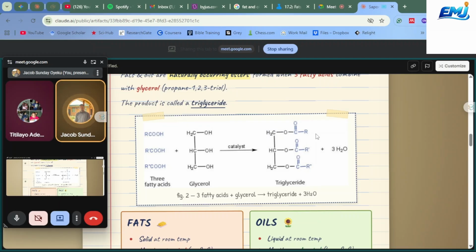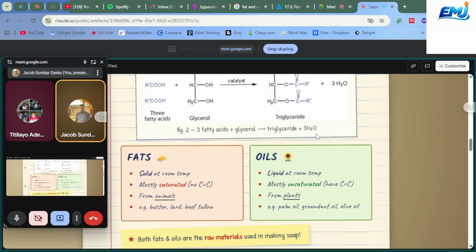Do you understand? If that long chain contains any double bond, any unsaturated bond, it is going to be oil.